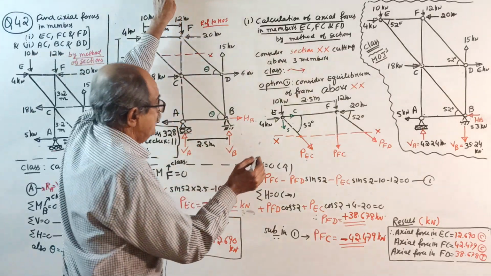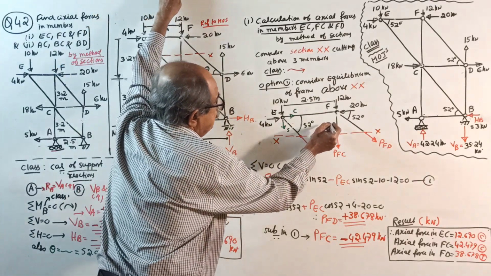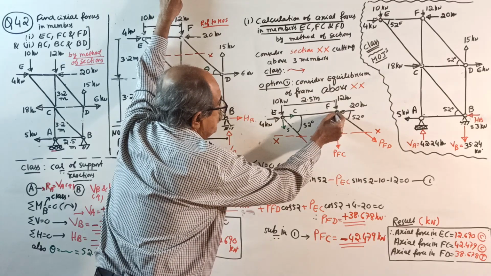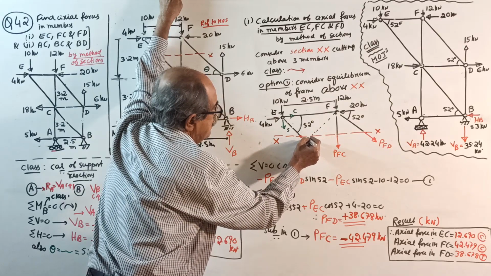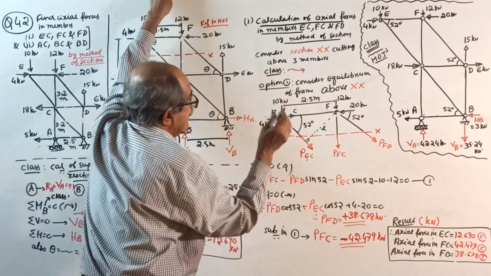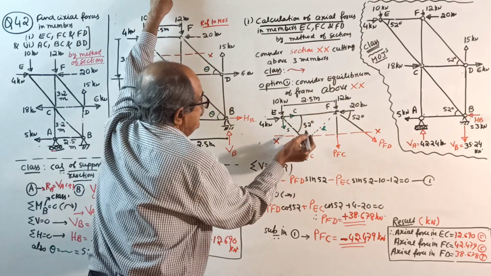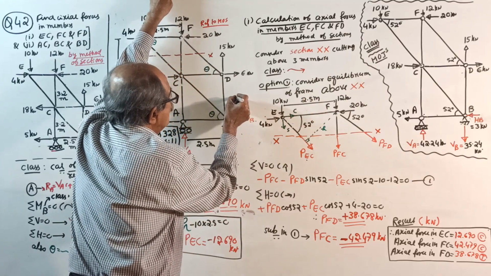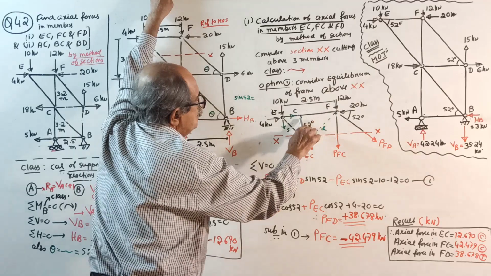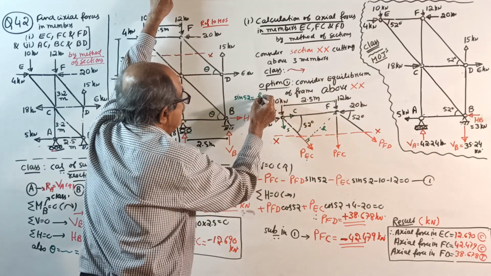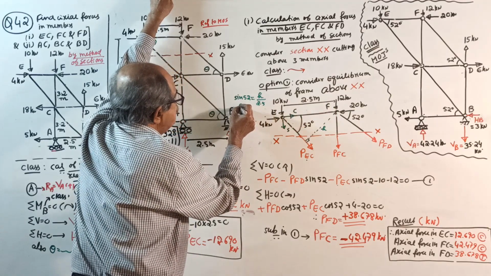The other approach is, when you write sigma M about F equals 0, from F you drop a perpendicular to this line of action, without disturbing the perpendicular H. Now see this triangle. Here, sine 52 equals H divided by 2.5. Then your H will come.